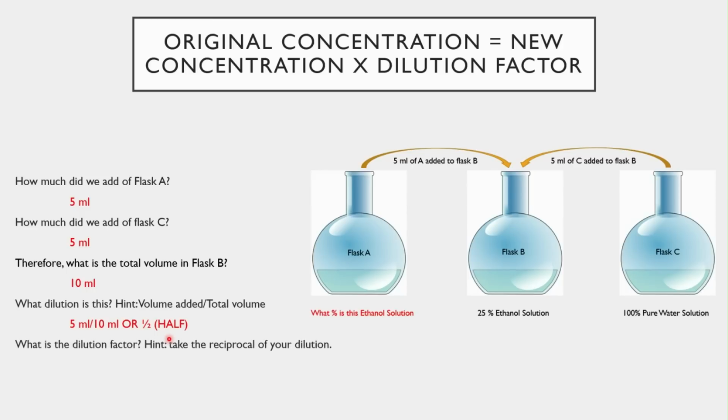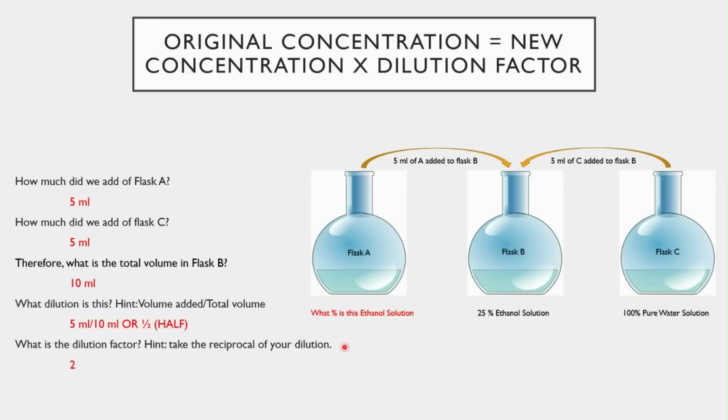And as you know, looking at our formula at top here, the original concentration is equal to the final concentration in this solution times the dilution factor. And so now we need to figure out the dilution factor. What's the dilution factor? And the hint is you take the reciprocal of your dilution.